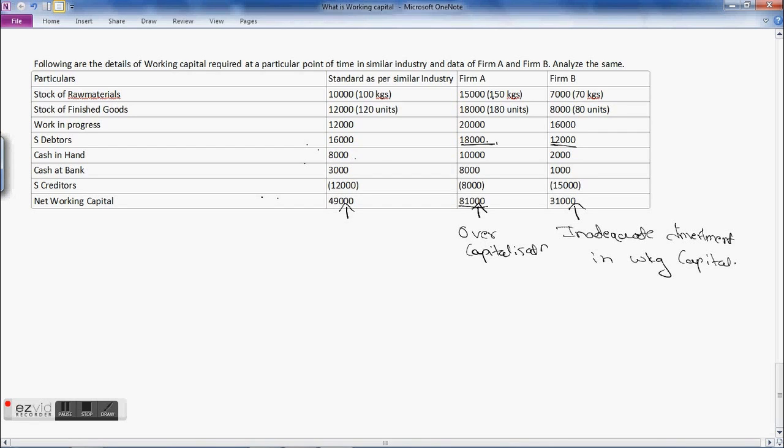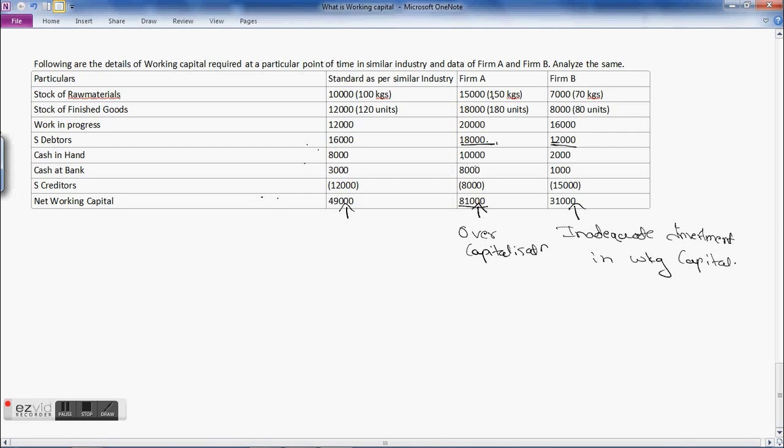Then cash in hand, again 8,000 is required, whereas firm A is keeping cash in hand of 10,000 and firm B is keeping less cash in hand, 2,000. So in this case, firm B may not be able to meet its day-to-day requirement. It may affect its goodwill also. Again, cash at bank: standard as per similar industries is 3,000, while firm A is maintaining 8,000, a higher bank balance.